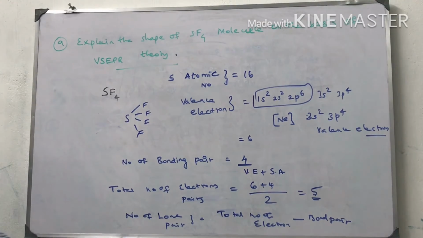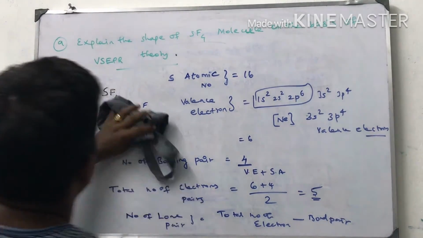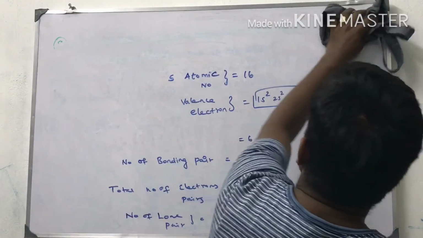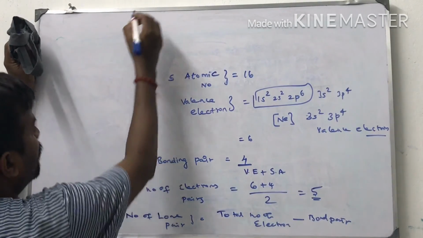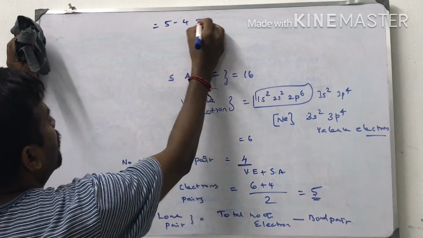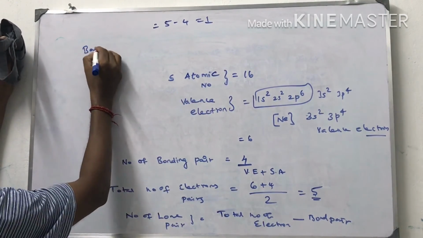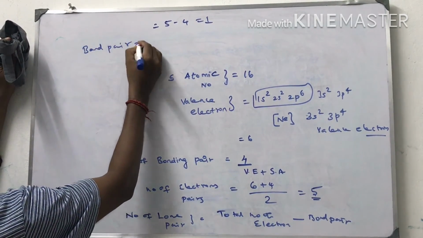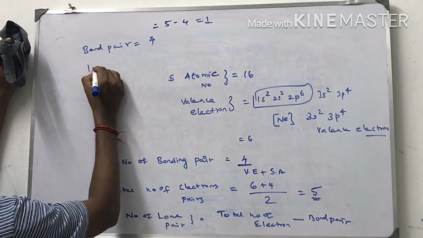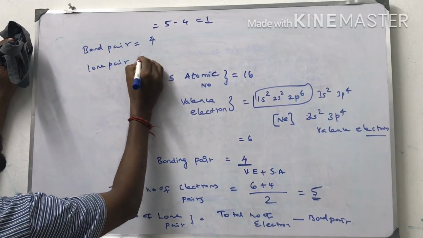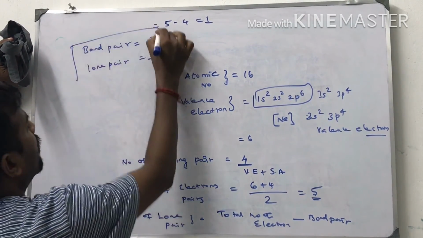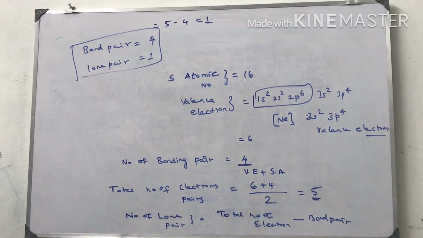Already we have discussed it in the last question. So therefore 5 minus 4 equal to 1. So bond pair is equal to 4, lone pair is equal to 1. So in SF4 there are 4 bond pairs and 1 lone pair.